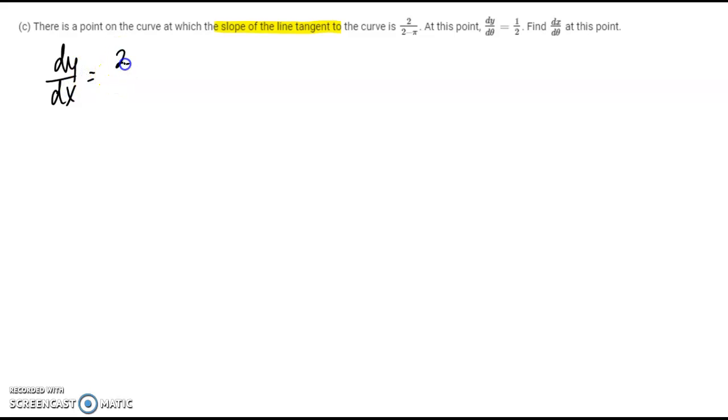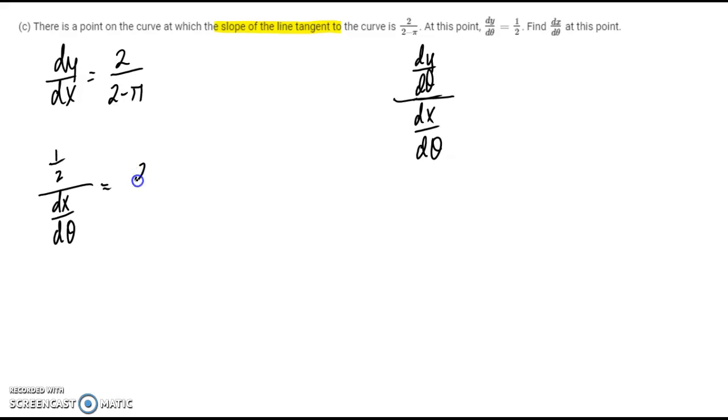So dy dx is equal to this. Where does dy dx come from? Dy d theta divided by dx d theta. Okay, so I know dy d theta is equal to a half. So if I sort of set it up like a ratio, right, I'm looking for dx d theta.